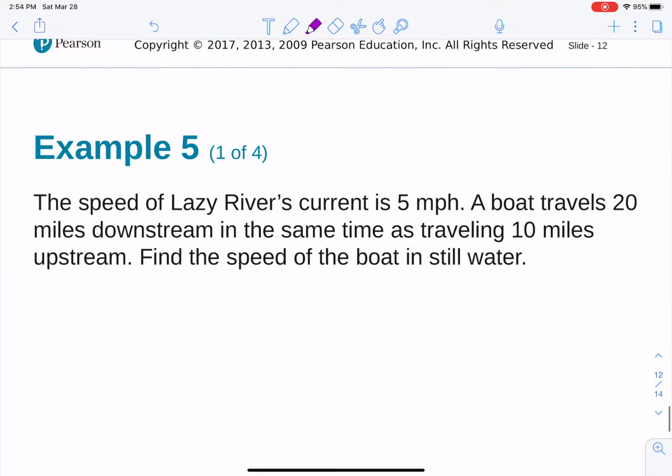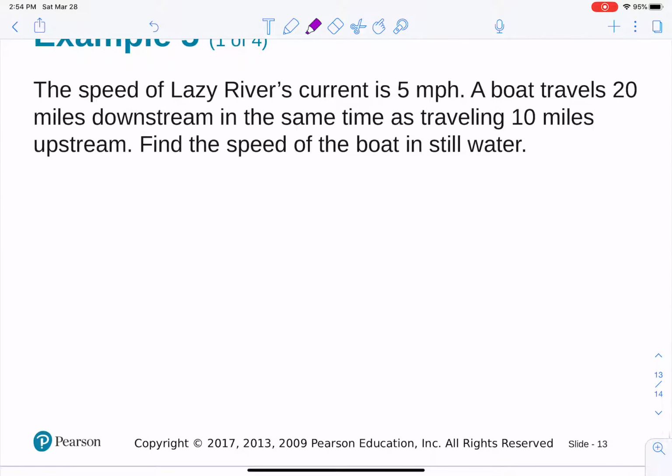It's quite important. So the speed of a lazy river's current is 5 miles per hour. A boat travels 20 miles downstream in the same time as traveling 10 miles upstream. We have to find the speed of the boat in still water.